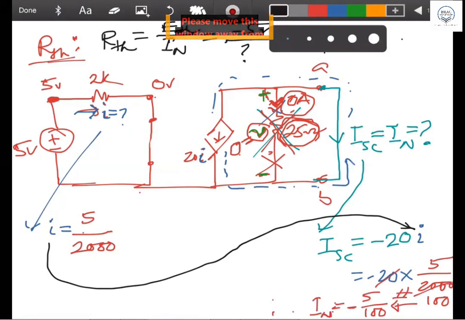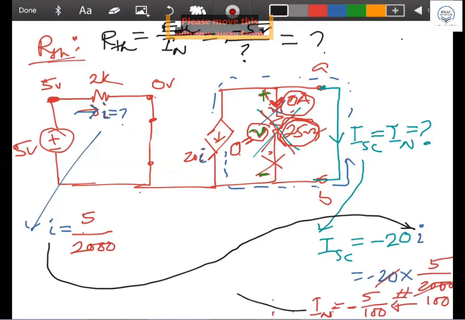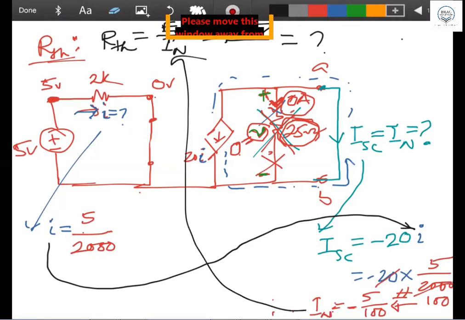Now what you have to do is this I Norton, you have to substitute here. If you substitute here, what do you get? What is the answer? R Thevenin equals 5 divided by 100. You put the value and then find the R Thevenin.